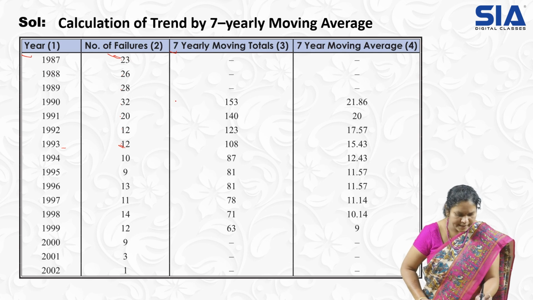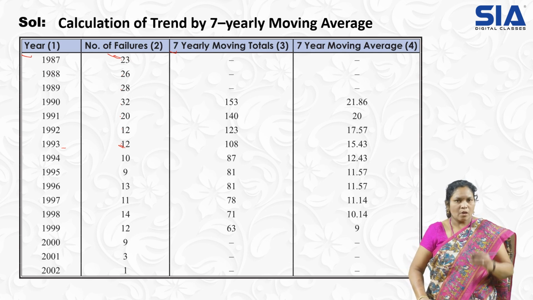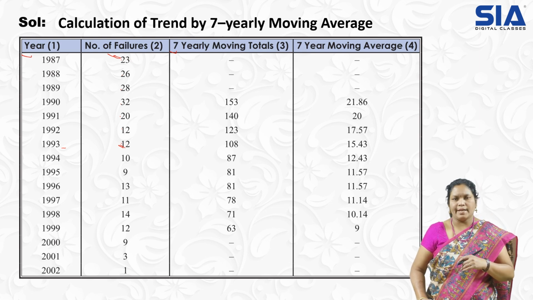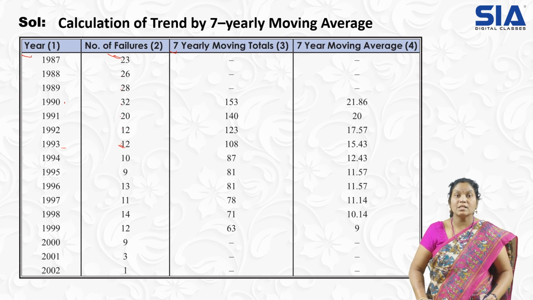So what I have to add here, all the values I have to add. Now where to write, because all 7 years I am adding, first to 7th year is done here. So in the middle of all the 7 years, in the middle value you have to write. Means 3 upside you leave, first 3 up to here, then the middle value becomes 1990, the middle year, because we are doing 7 years, right?